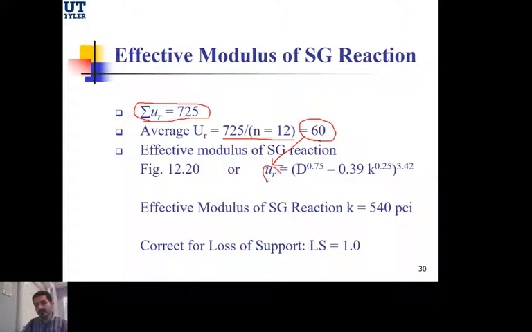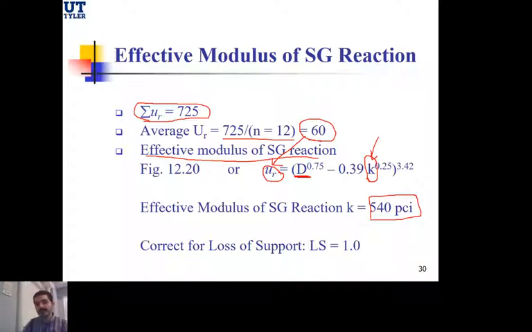Now we know the relative damage per month, and I know the thickness of the PCC layer, which is 9 inches. So now the representative K value, or the effective K value, as we're saying here, the effective modulus of subgrade reaction, will be the unknown in this equation. And if you solve the equation, you're going to get the effective modulus of subgrade reaction equal to 540. This is 540 PCI.